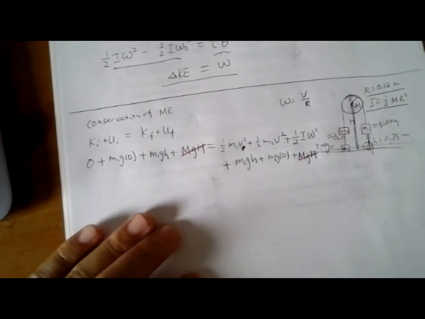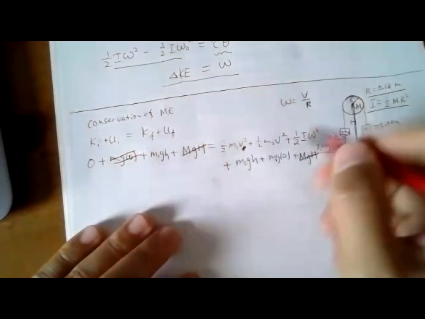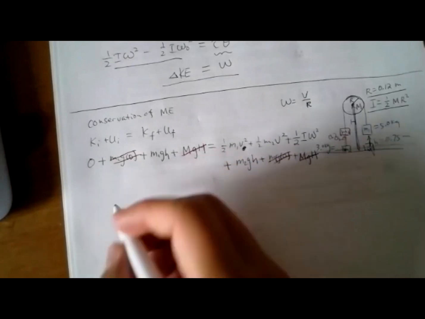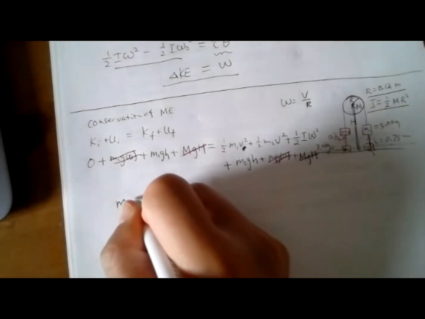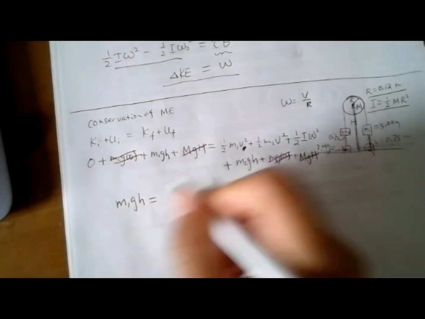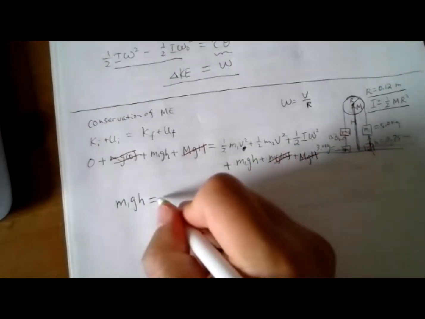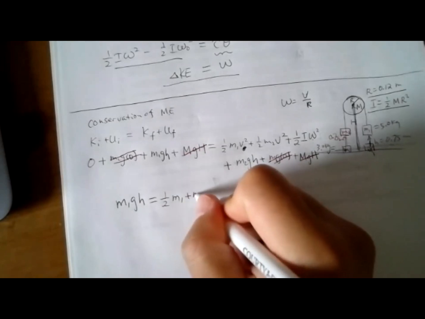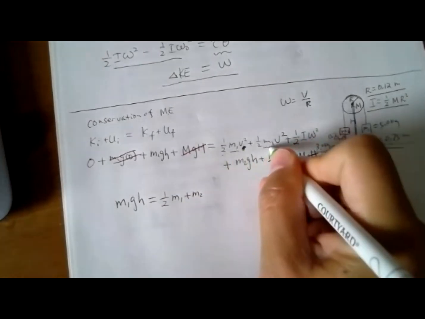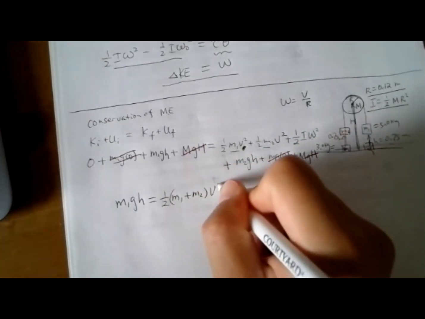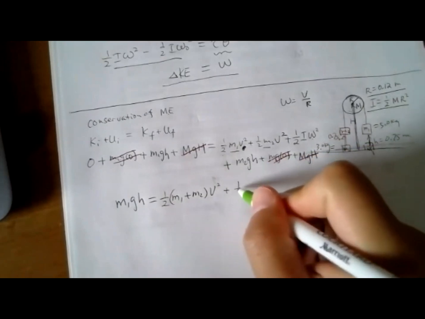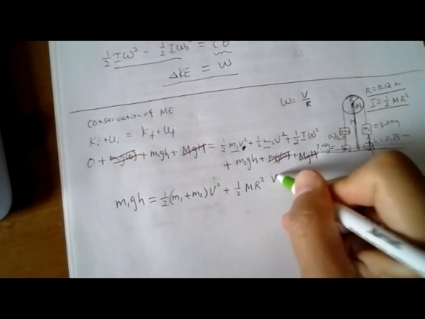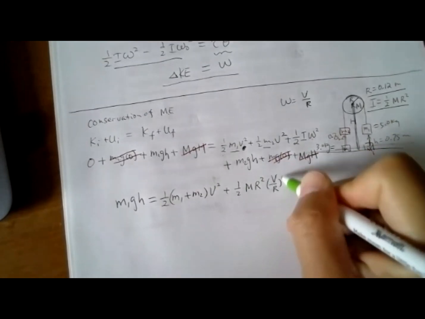So this is 0, so this one goes away, and that one goes away. You pretty much will have just one term remaining from the left hand side, m1gh, equals, on the right hand side, 1/2 (m1 plus m2) v square, putting these two together, plus 1/2 capital M r square times (v over r) square.